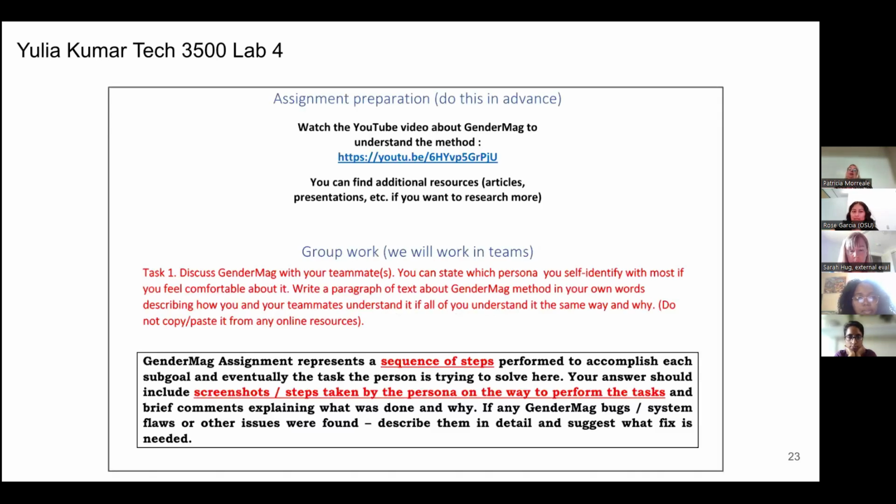Okay. So I was working with GenderMag for a couple of years. I was embedding it in object-oriented programming, data structures, and web development. The easiest way I found to do it in web development was to walk through the canvas, or a mobile application for a bookstore.